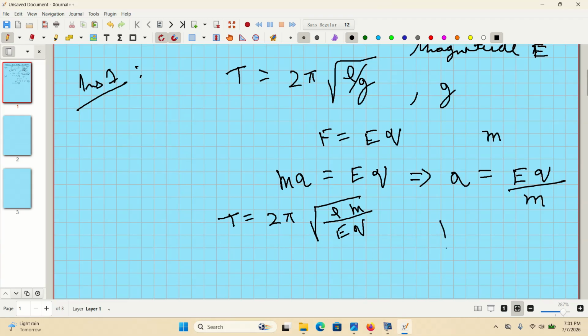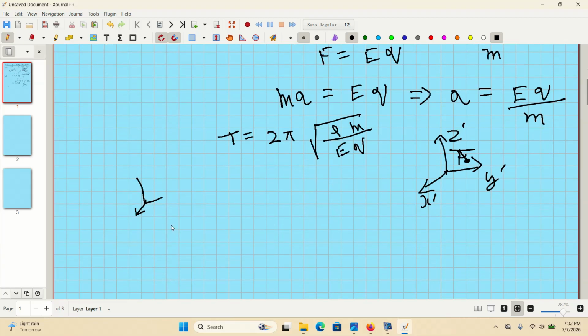In our spaceship, which is our frame of reference, this is the time period experienced by the bob, which has some charge and some mass. This problem may seem very confusing if you go in a very dynamical way, where you go to the frame of Earth and try to calculate every dynamical quantity.